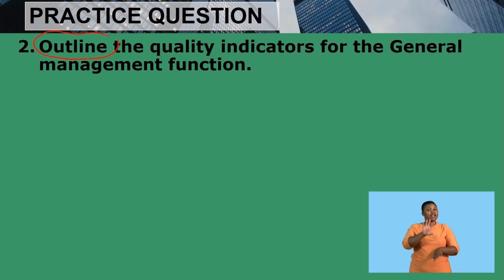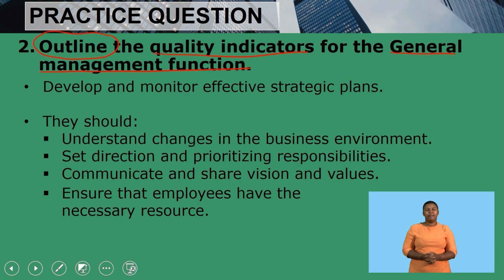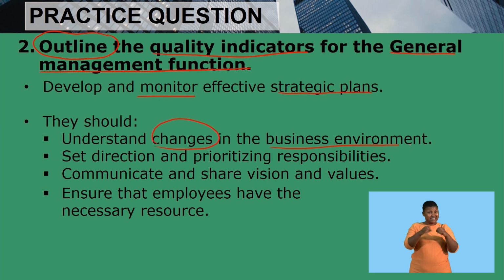Outline the quality indicators for specifically the general management function. So outline is just a way to say, discuss in full sentences, what is the general management's quality indicators. Now, firstly, remember, general management develop the strategic plan and, of course, monitor the strategic plans. So what should they do? They should understand changes in our business environment.